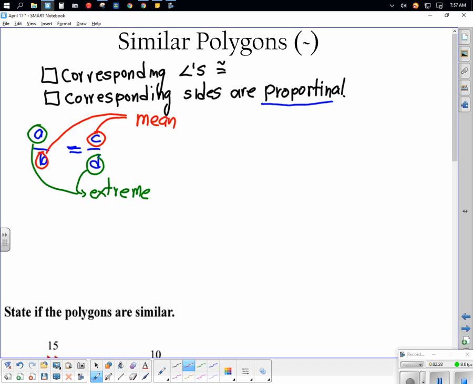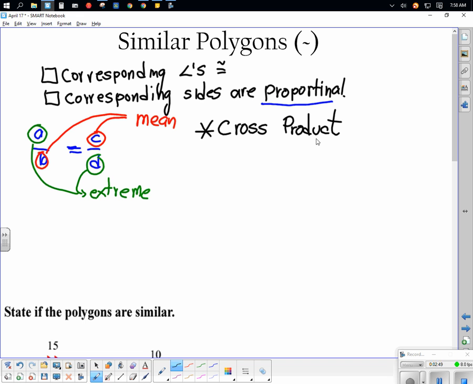Now in math 1, your teacher used to say you cross multiply. For us, that's called a cross product. Remember, product means you are multiplying, so that's very similar to cross multiplying.